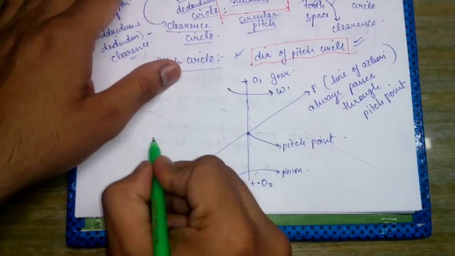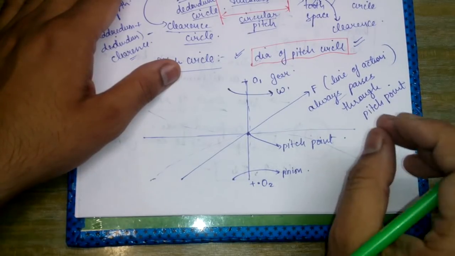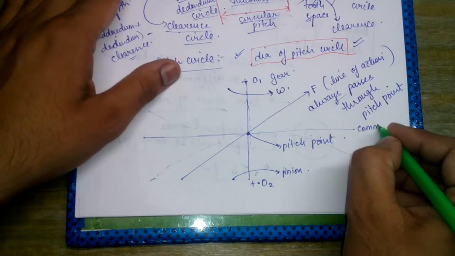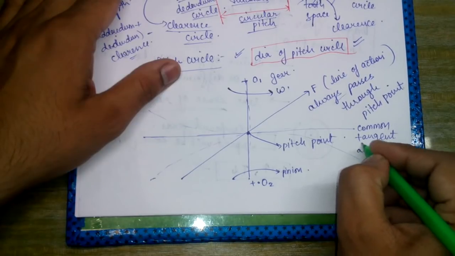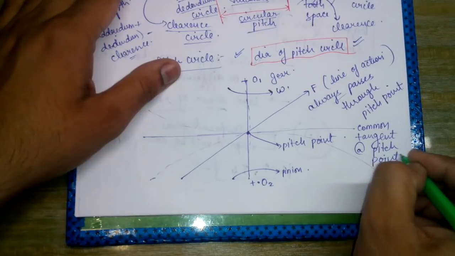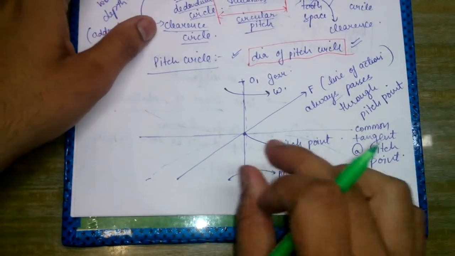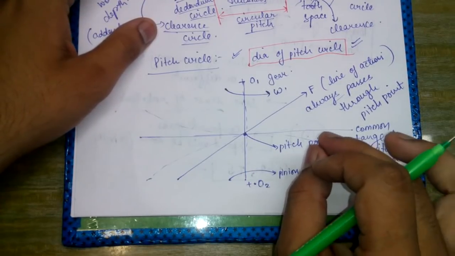And if we draw a line such that it is tangent to both the circles, this would be called the common tangent at the pitch point. And the point of contact and the pitch point are actually two different points.